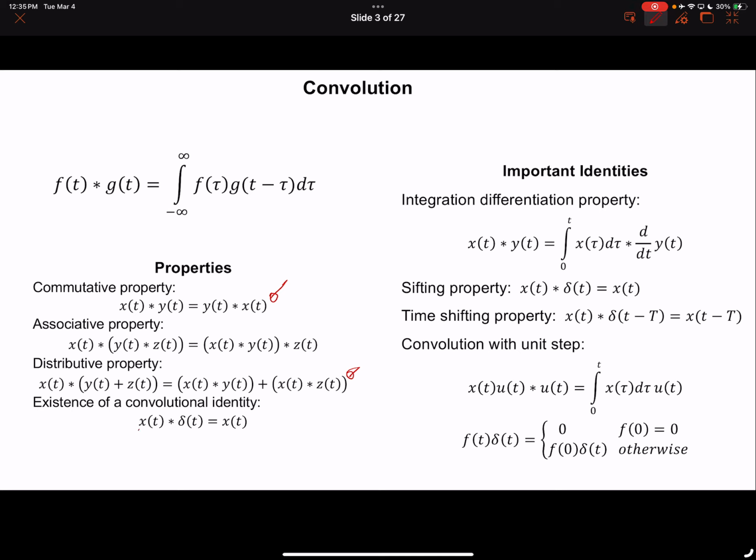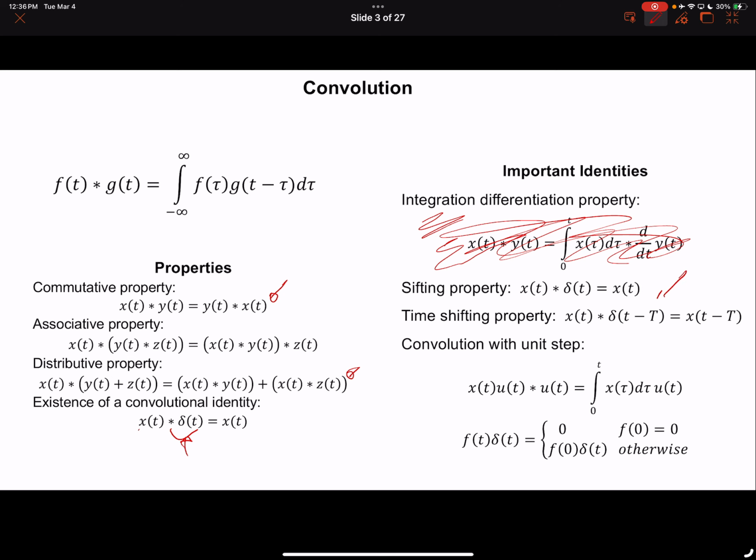And it also has an identity, which is the delta function. So x(t) convolved with delta(t) is just x(t). This is not that important of a property. I think you might use this in the homework.